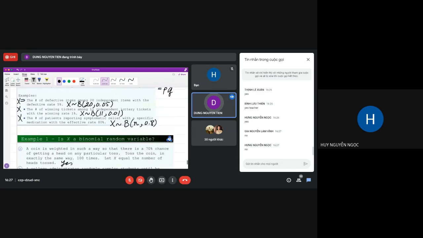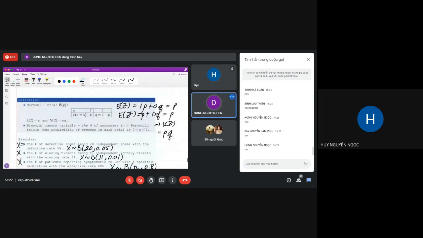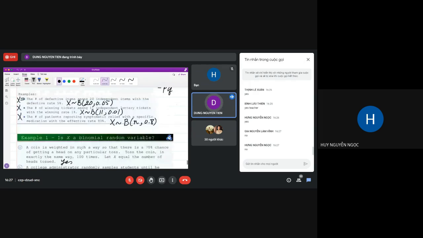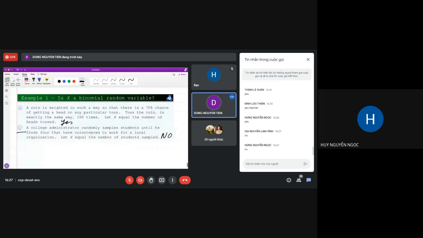Because for binomial distribution, you fix the number of games you play, and you count the number of winning games. For question B, you fix the number of games you win, and you count the number of games that you have to play to win all the 4 winning games. So it is another story, completely different. In this case, X is not a binomial random variable.